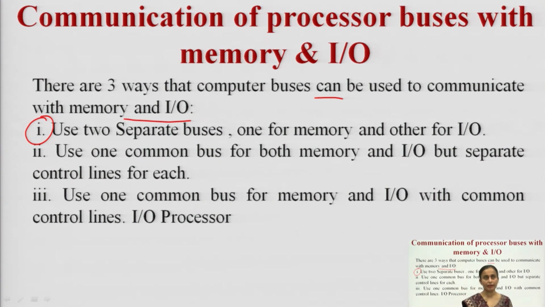The second method says use one common bus for both memory and IO, but the control lines for communicating with the memory and with IO should be different. And the third method says use everything common: one common bus for memory and IO, and common control lines.